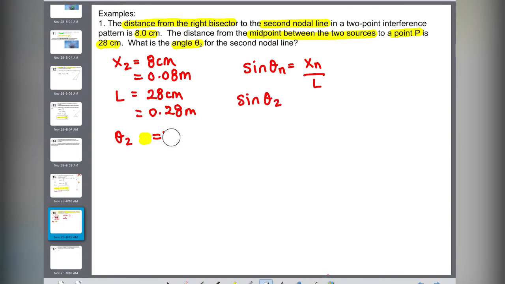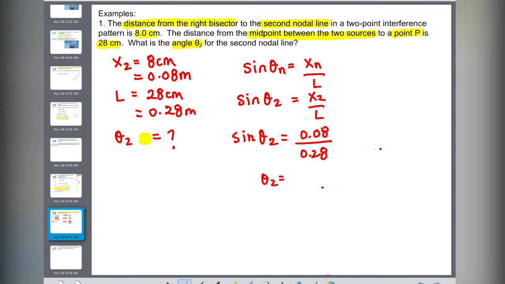So sine theta 2, question mark, is equals to x2 over L, which is 0.08 divided by 0.28, second sine. So it worked out to be 17 degrees.